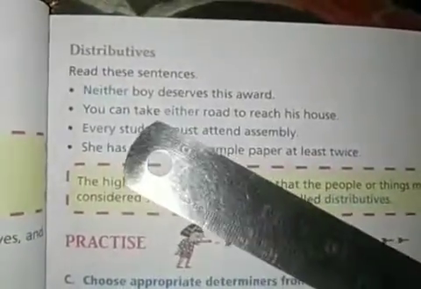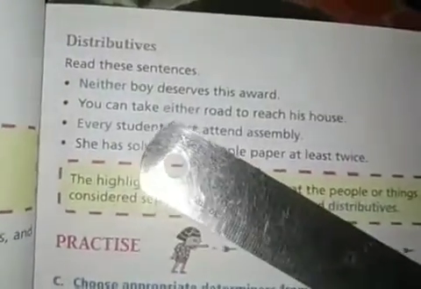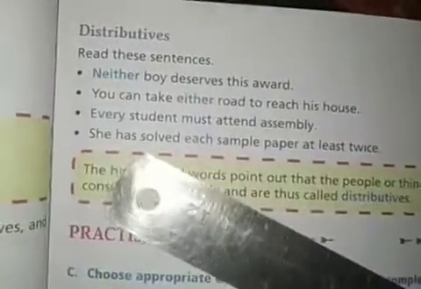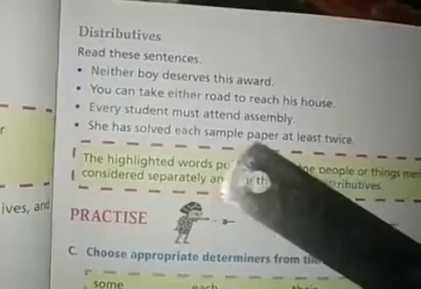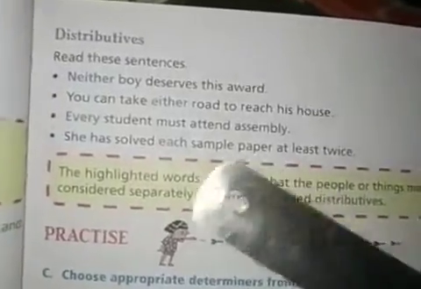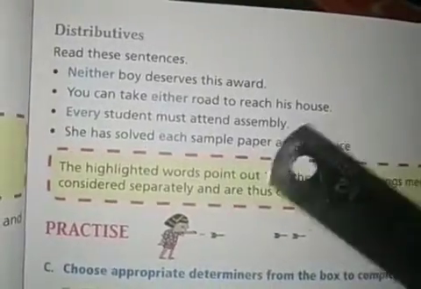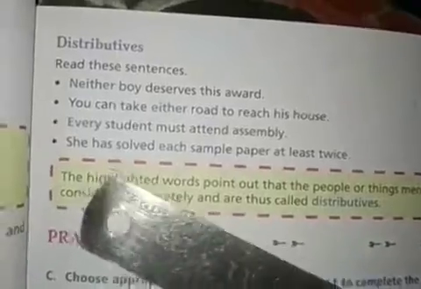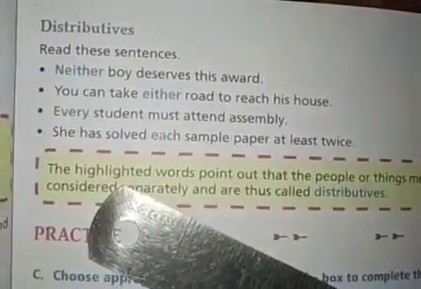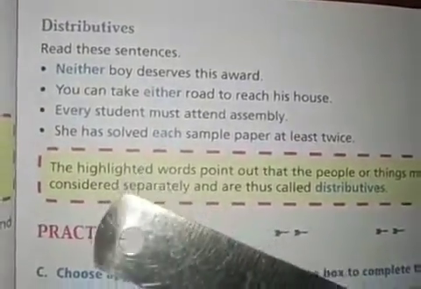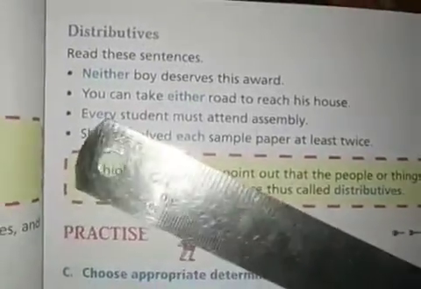So you take either road, 2 रोड में से कोई एक रोड ले सकते हैं. Every student मतलब हर एक स्टूडेंट को, ठीक है. She has solved each sample paper, सब सैंपल पेपर में से एक को उसने सॉल्व किया. सो यहाँ पर एक से ज्यादा चीजों के बारे में बात हो रही है, लेकिन अलग अलग एक एक करके. ओके, सेपरेटली.